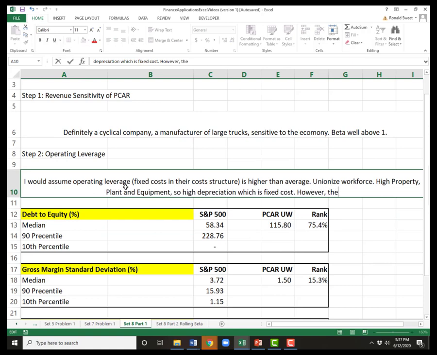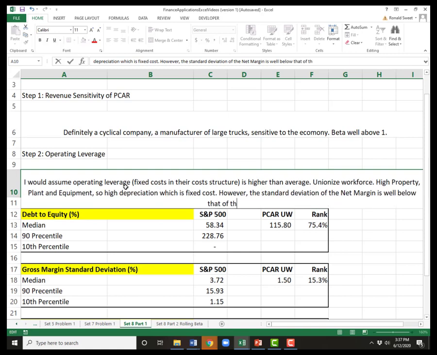However, the standard deviation, wow, I used to be able to type, of their net margin is well below that of the typical U.S. stock, ranking in the top, where was it?